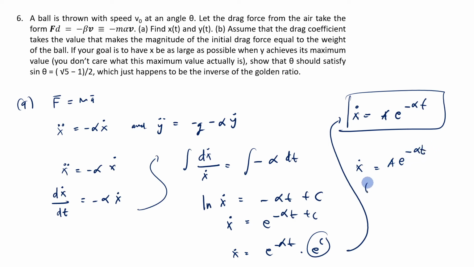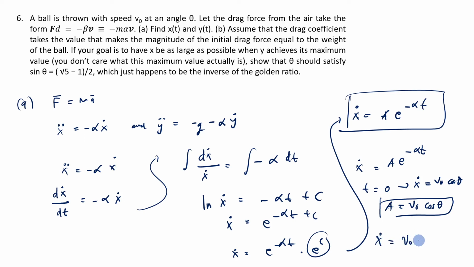We use the condition that when t equals 0, x dot equals v0 cos theta. So A equals v0 cos theta, and we get x dot equals v0 cos theta e to the minus alpha t.